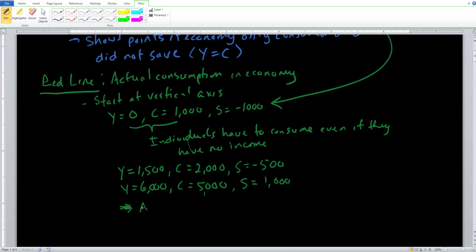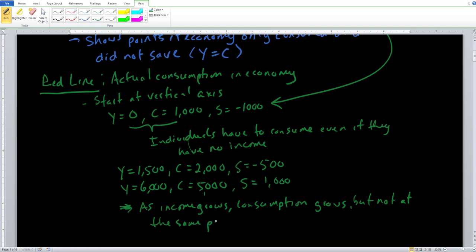The second conclusion or takeaway from this sort of consumption function is as income grows, consumption also grows. And this is going to be a fact. Income increases, consumption is also rising, but not at the same pace.